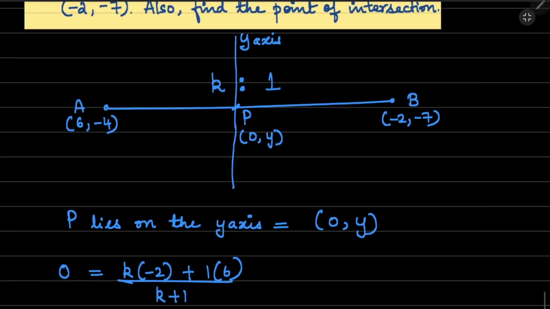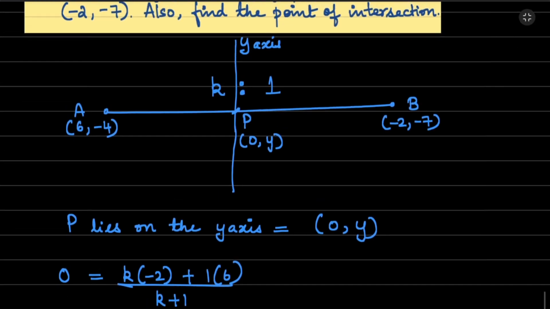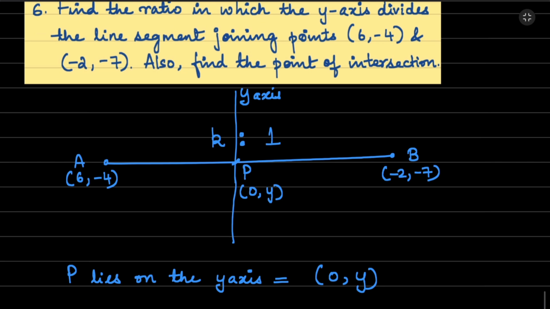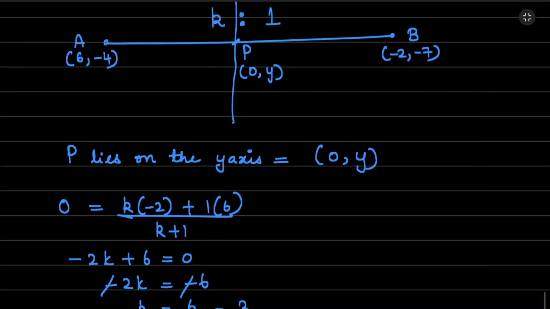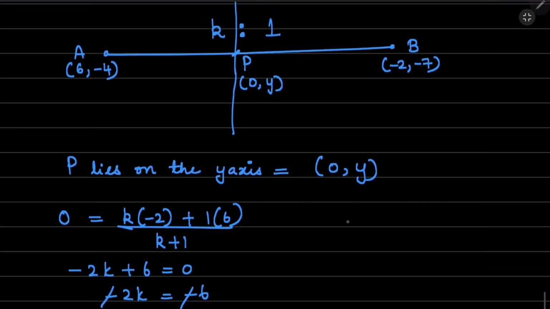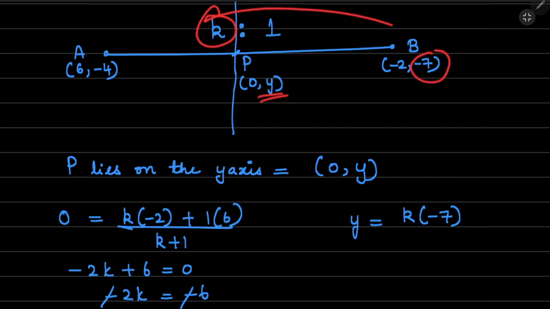Now we have to also find the y value, that is, the point of intersection. So let us apply the section formula onto the y coordinate as well. So y is equal to k multiplied by -7 plus 1 multiplied by -4, divided by m plus n, which is k plus 1.